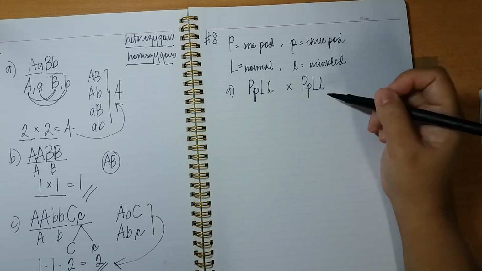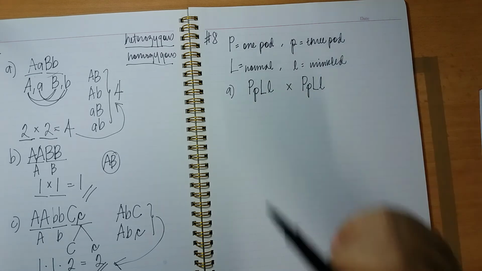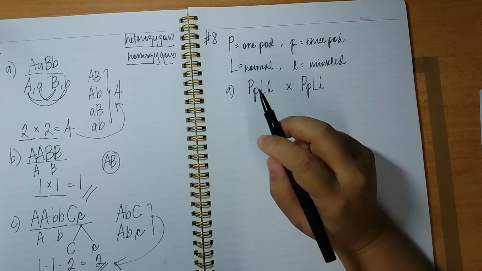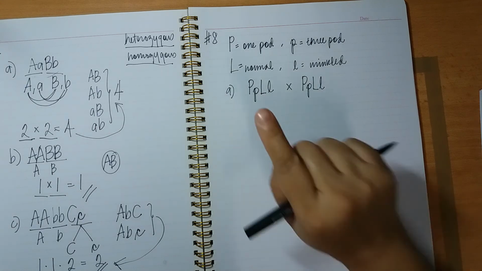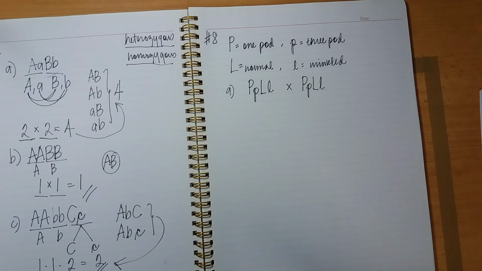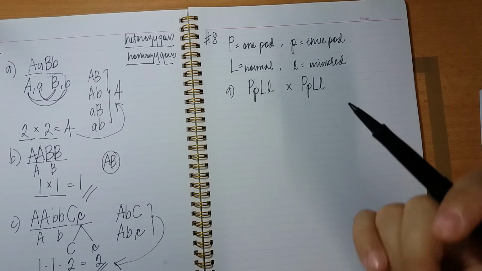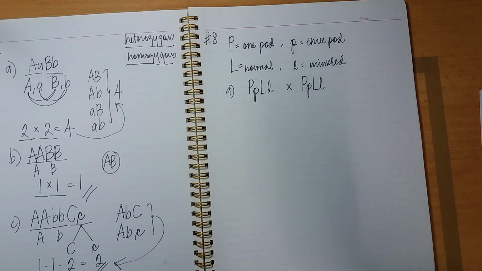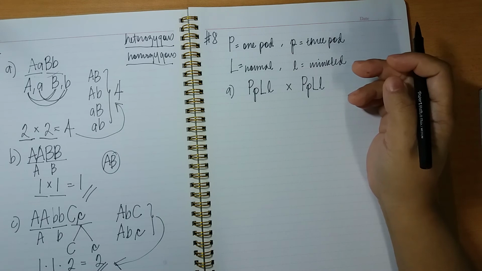Anyway, so, we're going to do a dihybrid cross. Sige, the suggestion is to treat it as two monohybrid crosses. I will do the problem first using the Punnett square. Okay? Kasi yun naman yung alam natin kung paano gawin. Tapos, after that, I will show you yung fourth line method. And after that, I'll show you a super shortcut.